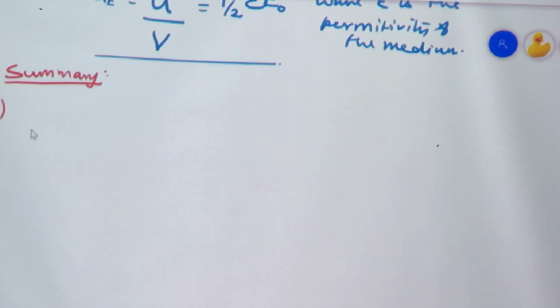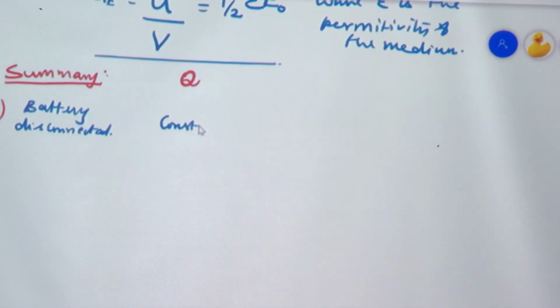In the first case, when the dielectric is introduced, the battery is disconnected. After the battery is disconnected, the charge Q remains constant. The potential V after introducing the dielectric decreases.